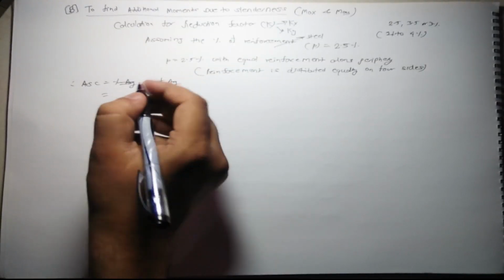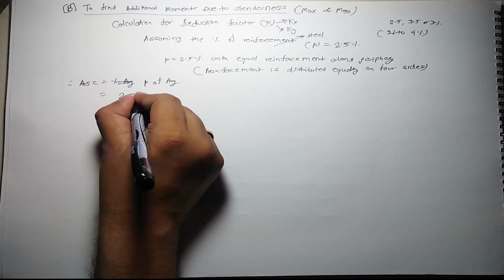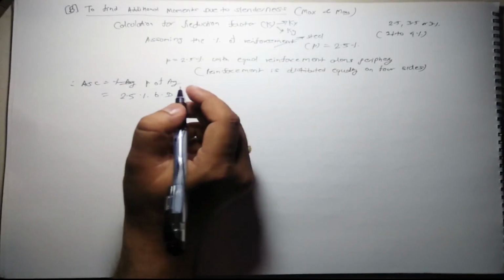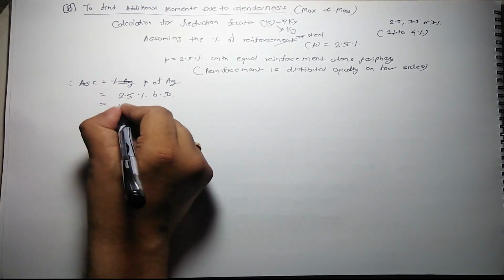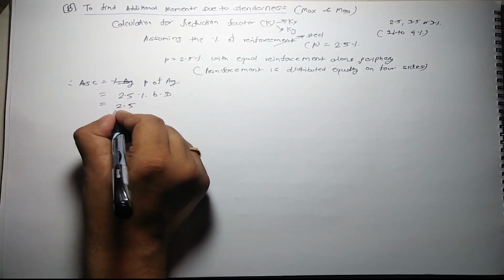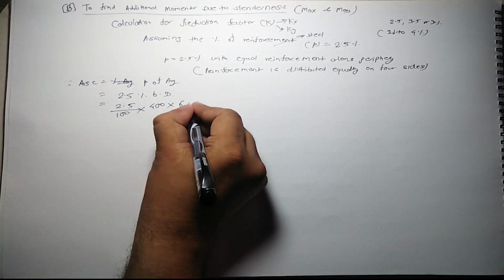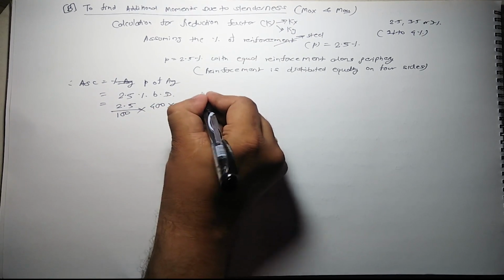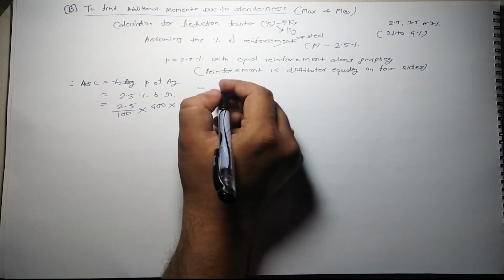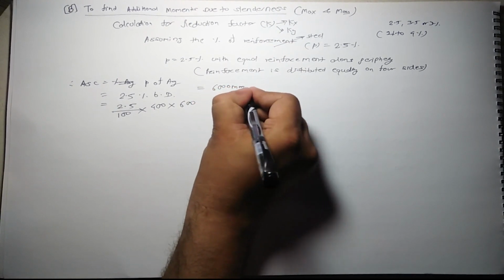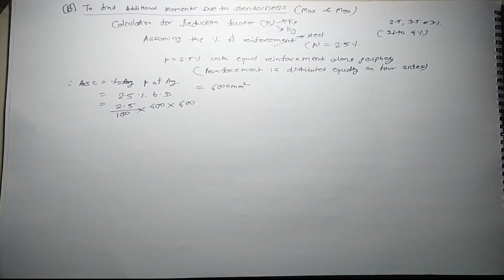So we have 2.5% of the gross area, so 2.5 divided by 100, as it is in percentage, into 400 into 600. So Asc is coming out to be 6,000 mm square.